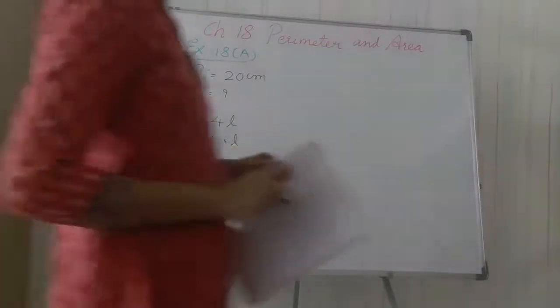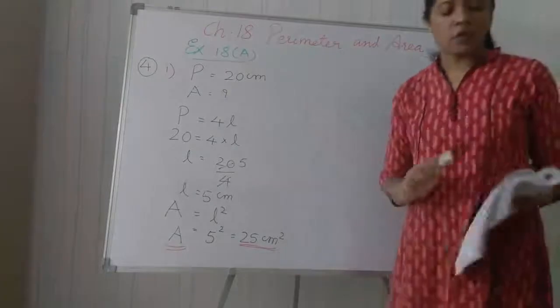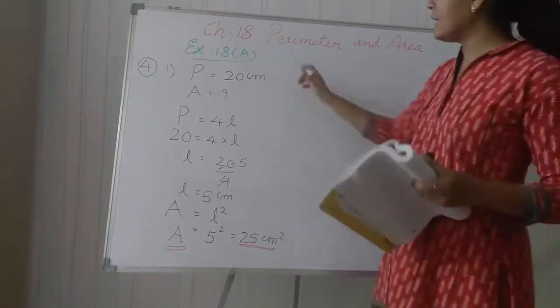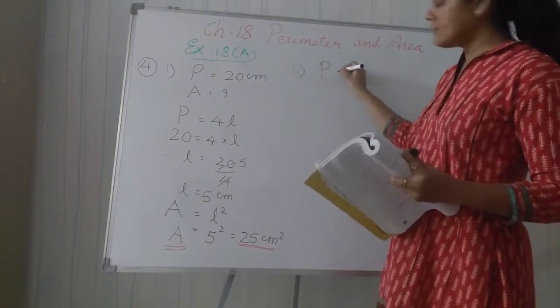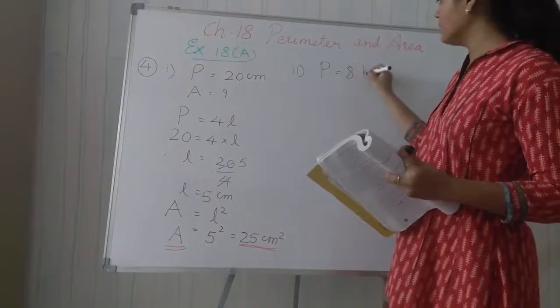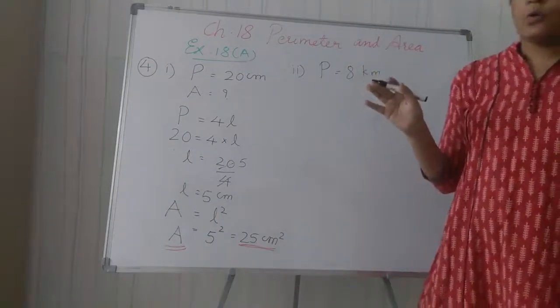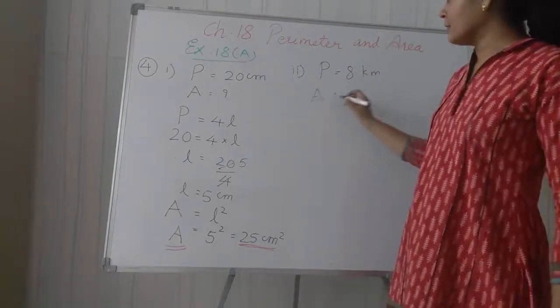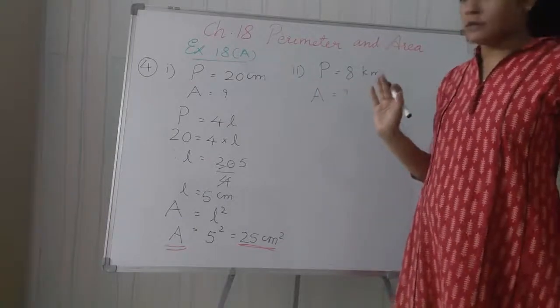Now taking part 2 of question number 4, in which the perimeter of a square field is 8 kilometer. So here perimeter is given as 8 kilometer. What do we want? Area in hectares. So first of all, let us find the area from it, the same way, but we want it in hectares, right?